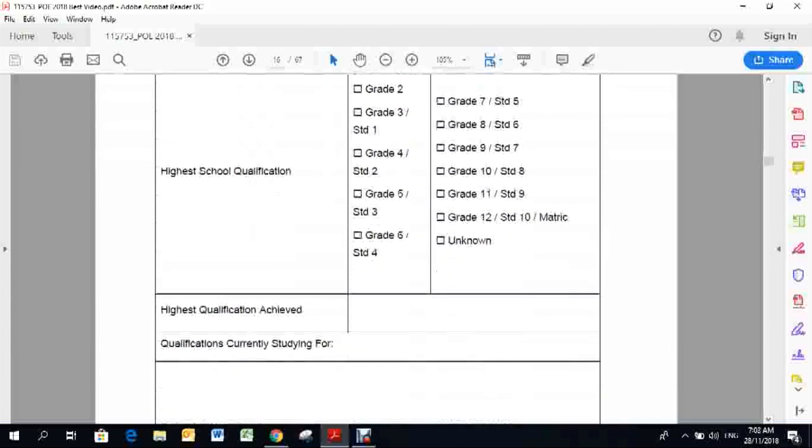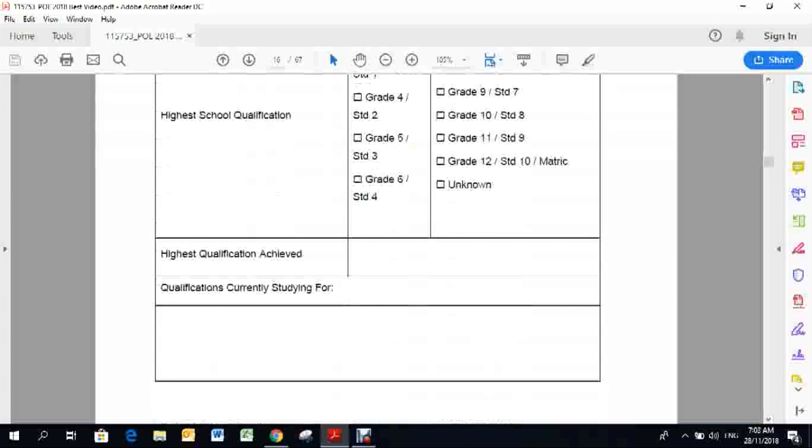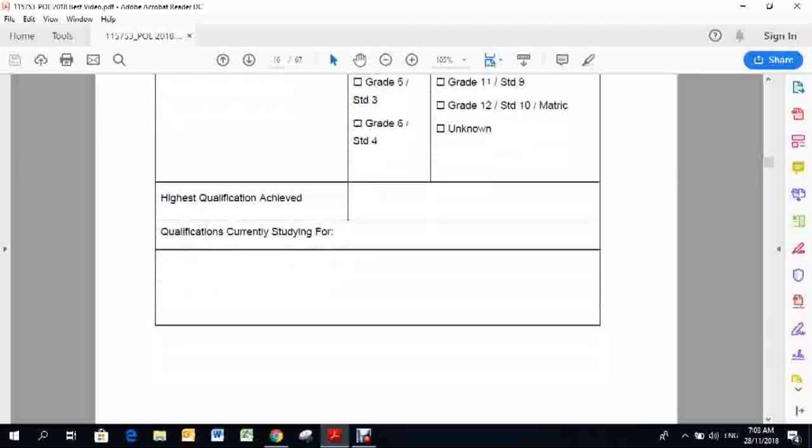High school qualifications. Some of the people have done foreign qualifications. Then you need to look at those, indicate unknown, and then write it there. And then you're going to write highest qualifications achieved. You know exactly what you've done, so indicate that. If you're studying for something except this course that we're talking about, then you need to indicate the course down there.